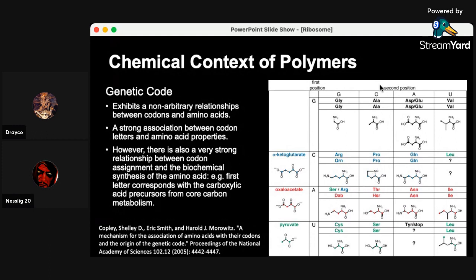But the first letter of the codon is correlated with the biochemical precursors found in the carboxylic acid cycle, basically. Like you have pyruvate, which produces these amino acids that are encoded by codons beginning with uracil.